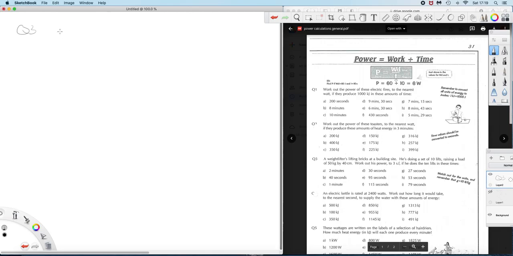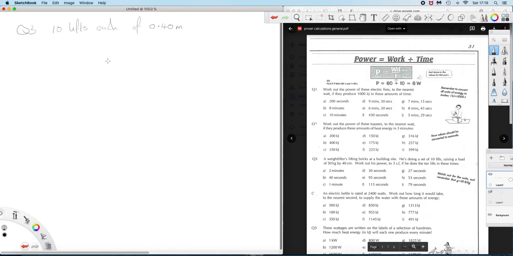So we have 10 lifts, each of 40 centimeters, 0.40 meters. Because again, we want it in standard units, and centimeters are not standard units, but meters are.